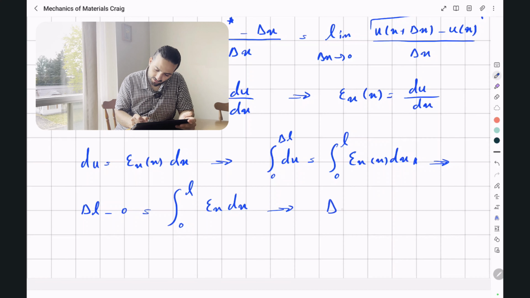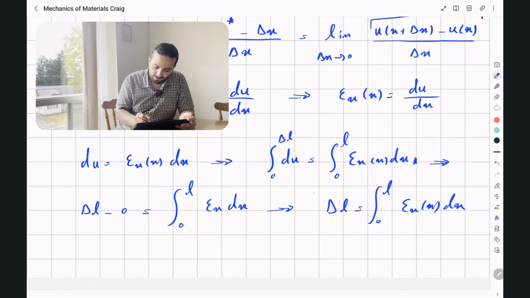So delta L will be the integral of 0 to L epsilon x dx. And this is exactly what the question wants us to prove. So this is the answer of part A of the question.